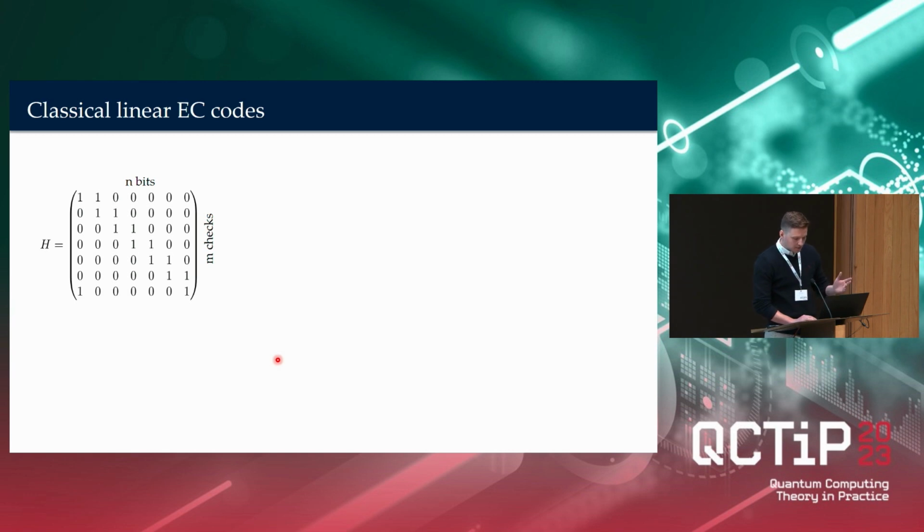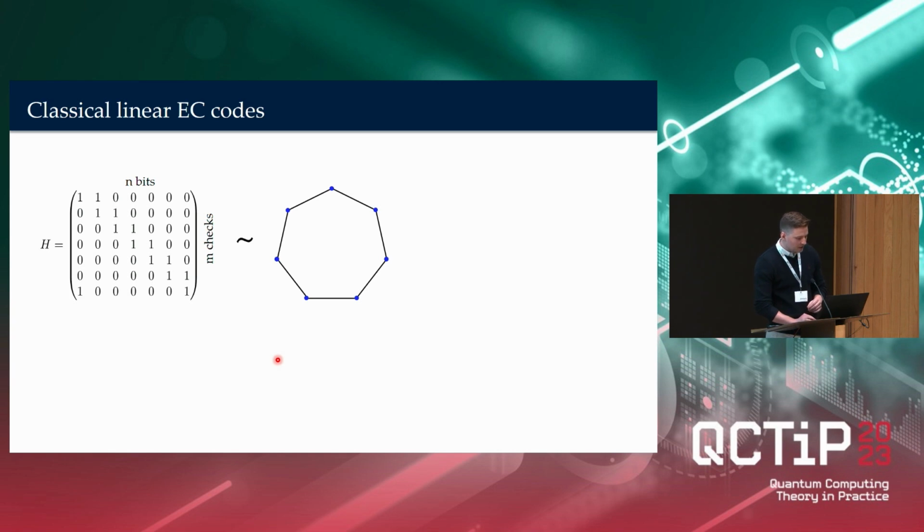There's a slightly different representation, which we can also use for classical codes, which is the hypergraph representation. And here it's just a graph, not a hypergraph, because I chose the code to be simple enough so we can represent it as a graph.